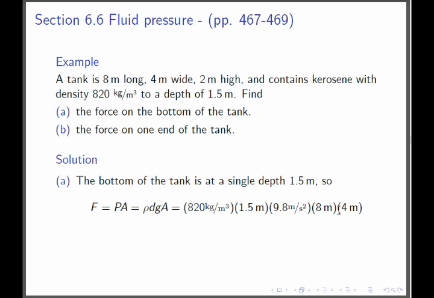Well, if you multiply all these units together, then what happens? Here you have 1, 2, 3, 4 meters on top, and 3 meters on bottom. And so it looks like the units will be kilograms times meters over second squared. And if you remember, that's what newtons were. So this is 385,728 newtons of force on the bottom of the tank.